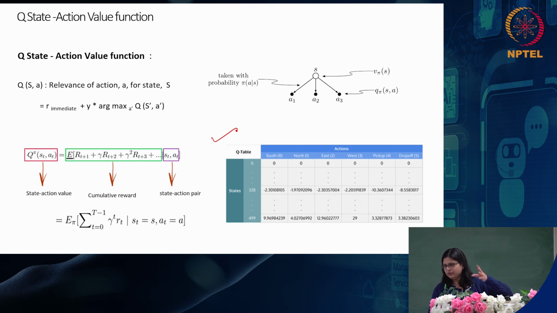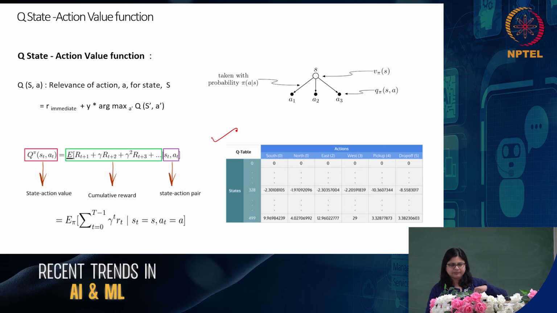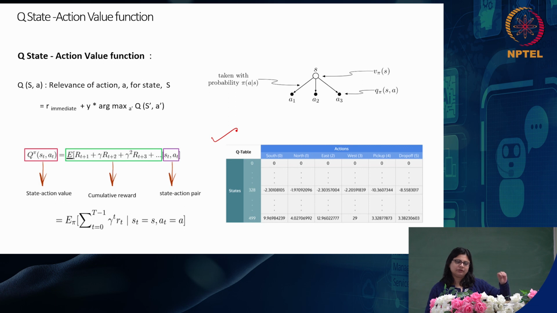The Q value will give you the goodness of a particular action given a state. So once you have an optimal matrix, given a state, you only have to apply the argmax, and you will be able to select the action which has the highest Q value. So your task is to get the optimal Q matrix, and then you are done.